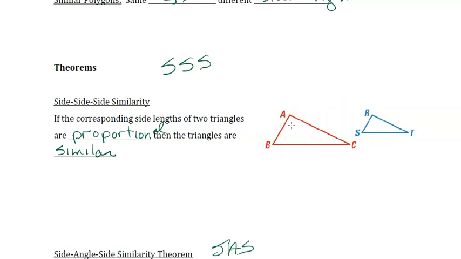If I had numbers, I would test to see if AB over RS equals BC over ST equals AC over RT. That's how I would test to see if I have side, side, side similarity. Note, there's no information about angles that you need to worry about when doing side, side, side similarity.